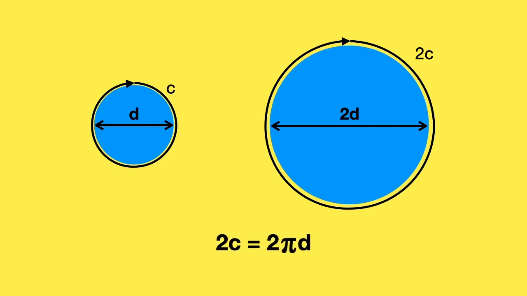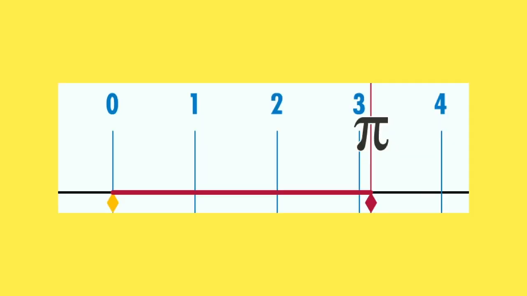So 2 times the circumference is 2 times pi times D, and that's the same for any constant that you're going to times the equation C equals pi times D by. So they're proportional, and as I say, the circumference is always the diameter times by that constant pi.